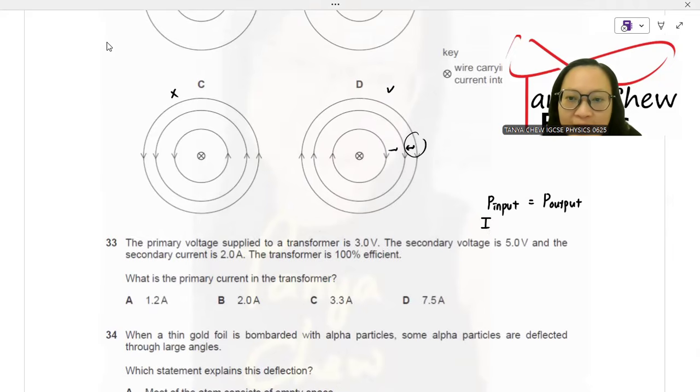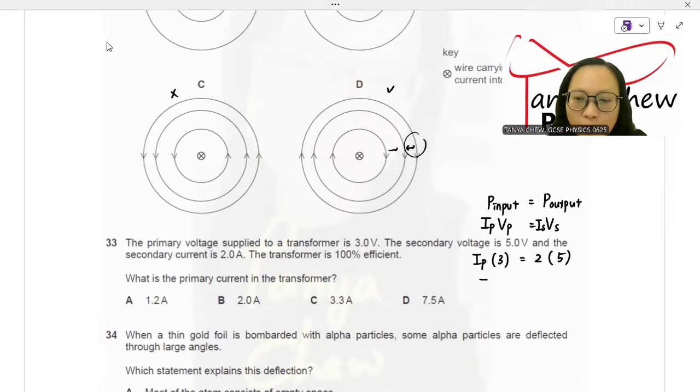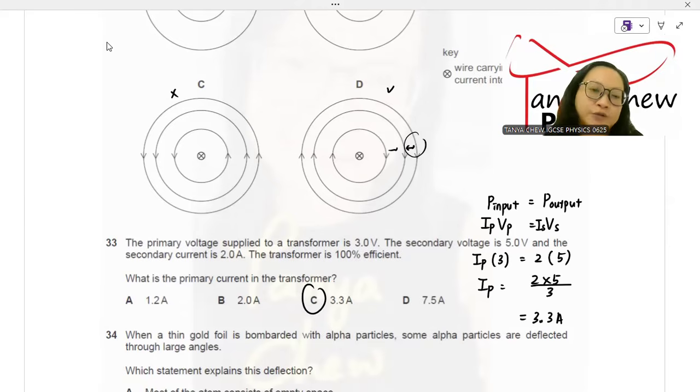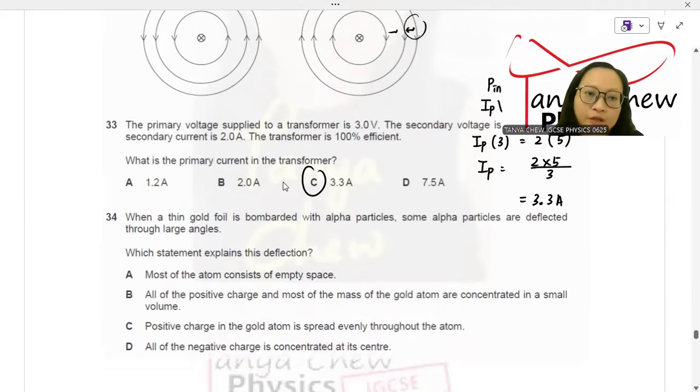Input power, I primary times V primary, is equal to I secondary times V secondary. V primary is given. I have to find I primary. I secondary is 2 ampere, V secondary is 5. So primary current is equal to 2 times 5 divided by 3, and I got 3.3 ampere. C is the answer.